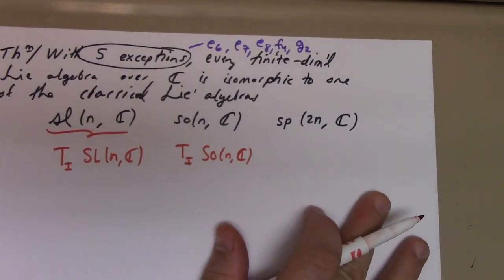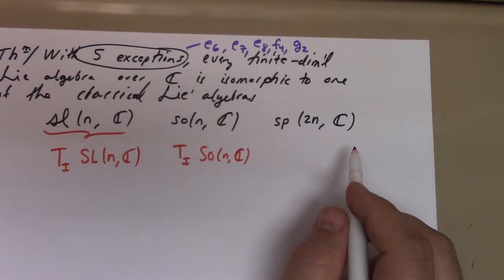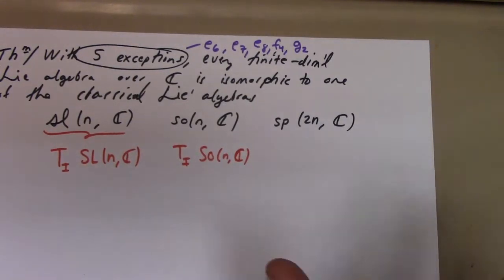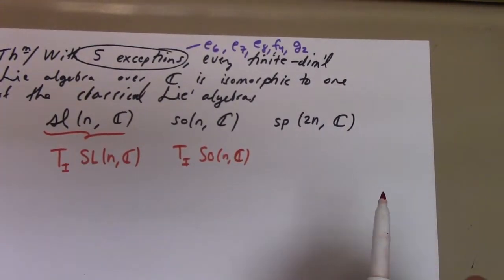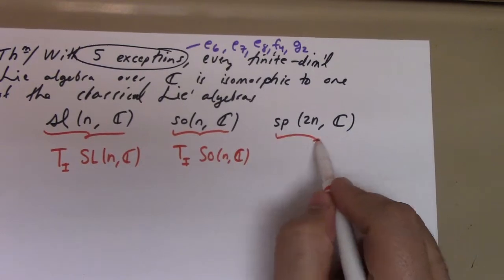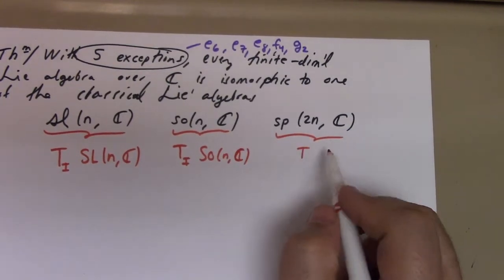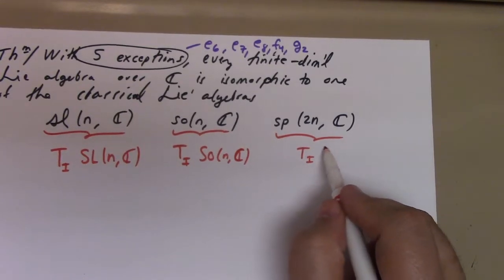At some point I'll open up the other book that has details. There are some issues with real versus complex, but anyway, this is either true or very close to true. Doesn't seem quite right what I said there. And this one is the tangent space at the identity to the so-called symplectic group.